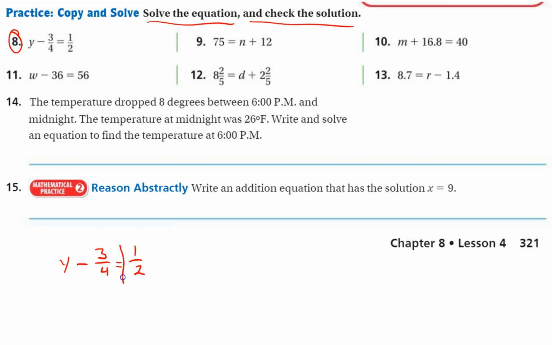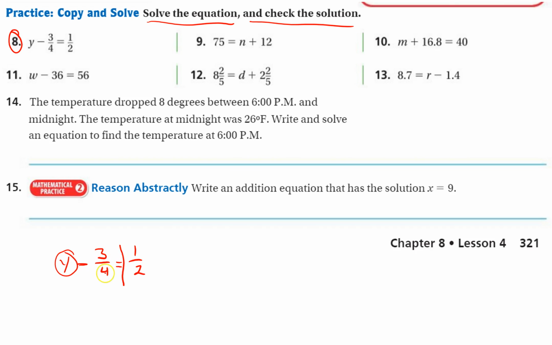I want to get this y by itself. But right now, I'm just focusing on the left side of the equal sign. I want this y by itself, but I have this negative 3/4 over here that I don't like. So to get this by itself, I have to do the opposite of this.